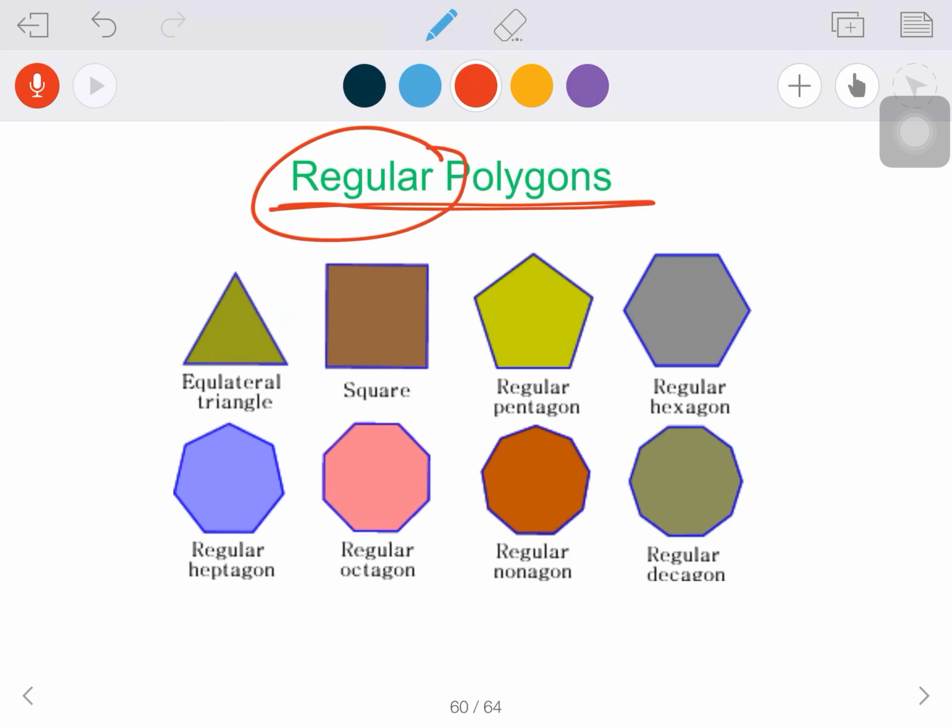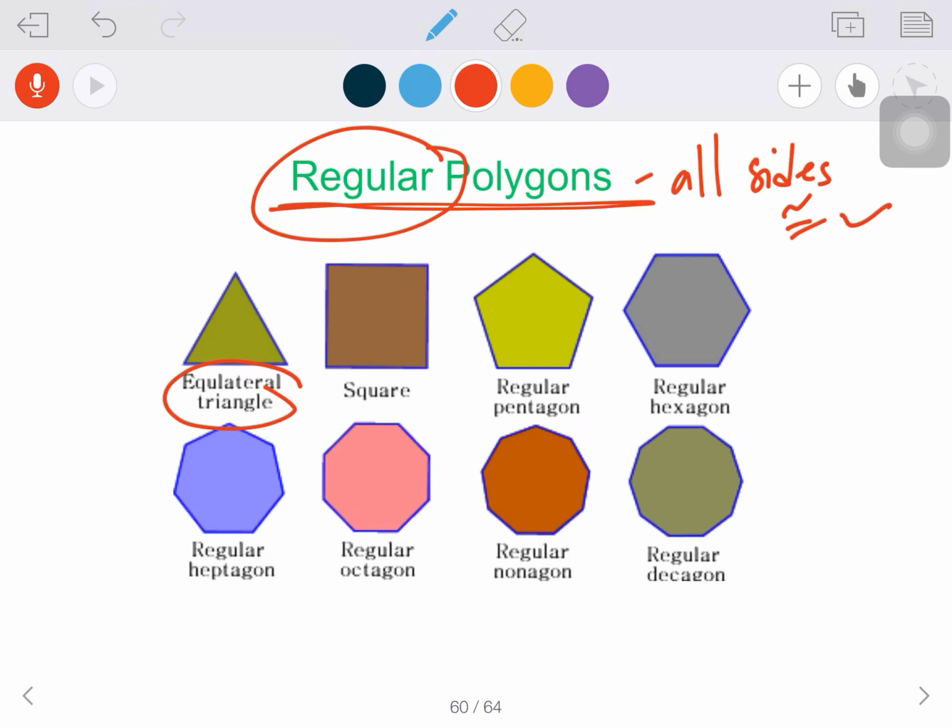These are polygons with all sides congruent, or all sides measure the same. So it starts from a 3-sided polygon. It begins with an equilateral triangle. Not just any kind of triangle, equilateral. Because remember, all sides should be congruent.